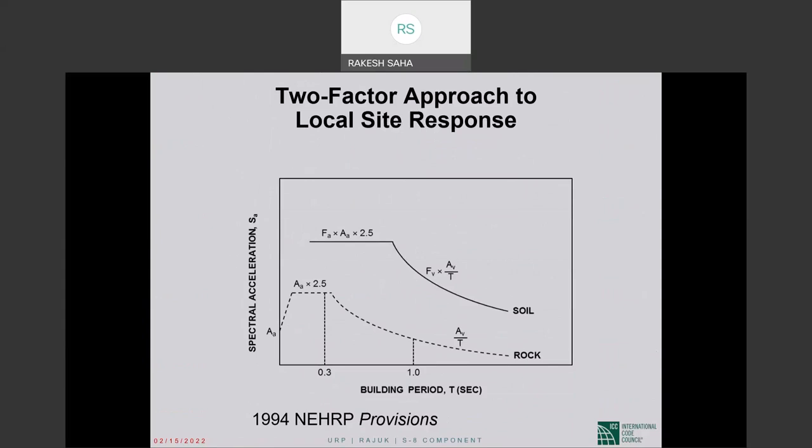Okay, so 1988 UBC. The next significant thing that happened was the 1994 NERP provisions. In the Mexico earthquake of 1985, and then in the Loma Prieta earthquake of 1989, and I have talked about this in one of the segments, we became very aware that the short period part of the spectrum and the long period part of the spectrum are amplified differently by soft soil overlying rock.